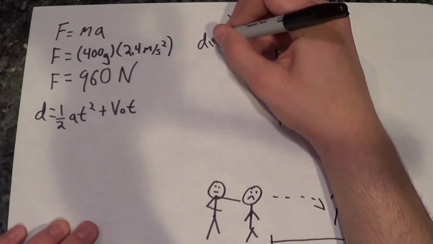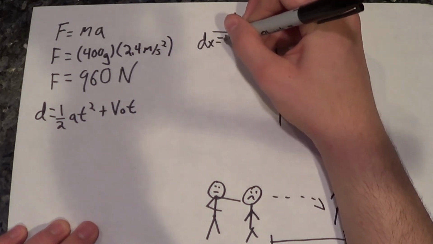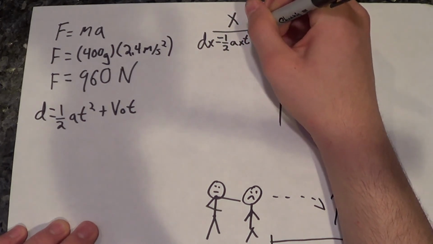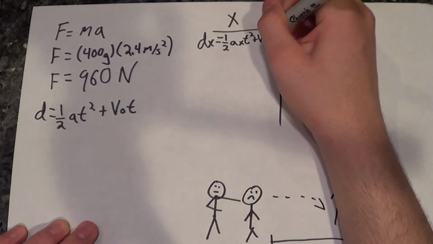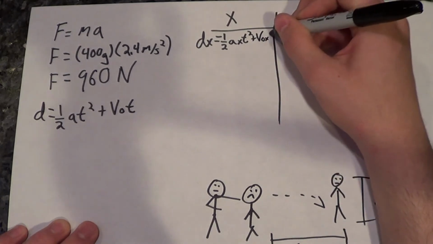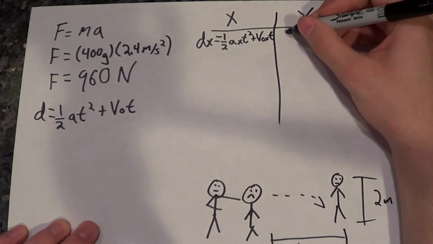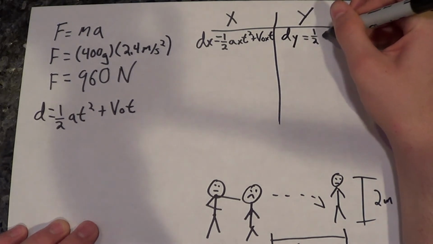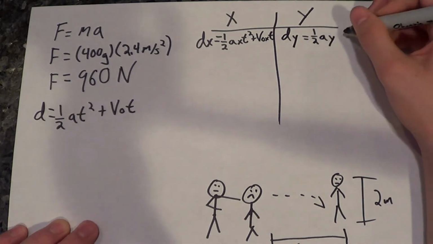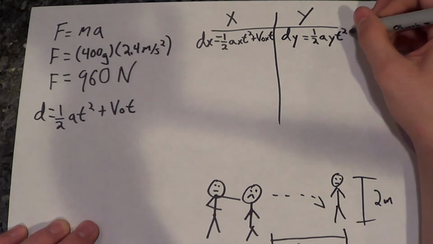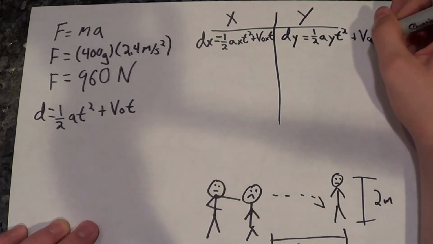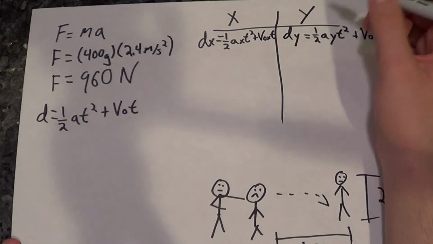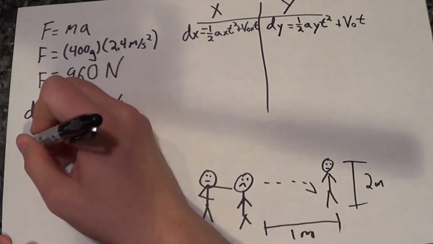That distance in the X direction equals 1/2 acceleration X times time squared plus original velocity in the X direction times time, and that distance in the Y direction equals 1/2 acceleration in the Y direction times time squared plus original velocity times time.